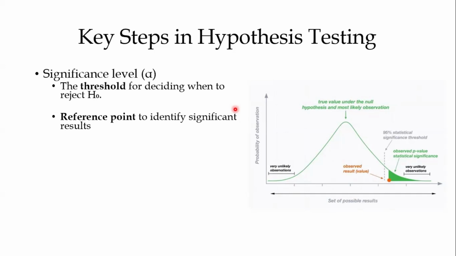That reference point or threshold of 0.05 to decide whether to reject or fail to reject a null hypothesis, to identify significant results so to speak, was developed by Fisher, and it was purely a matter of convenience. And we shall look at why.